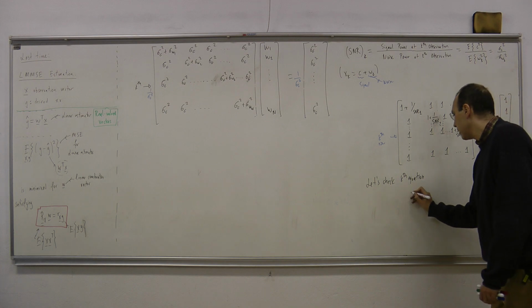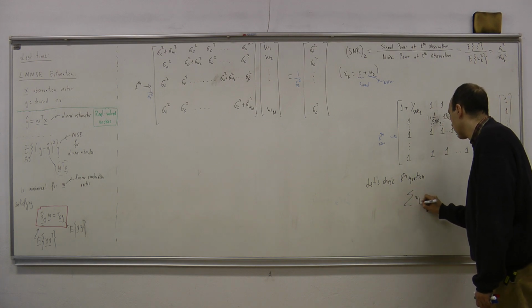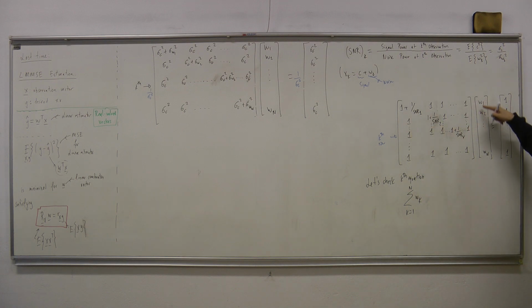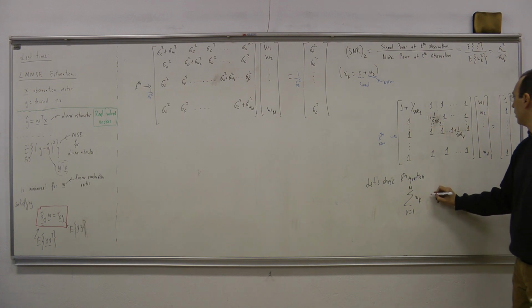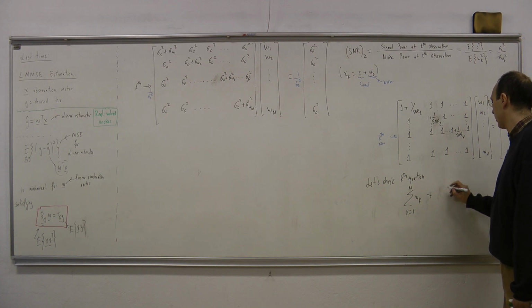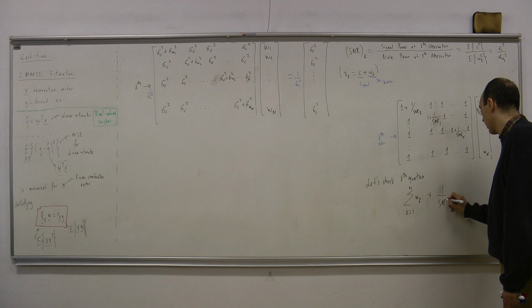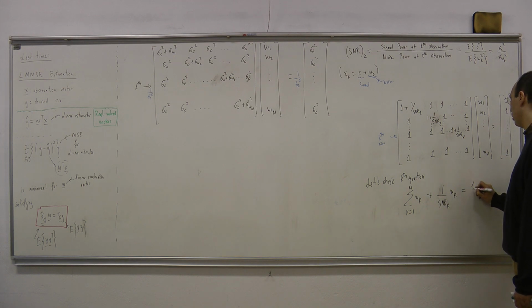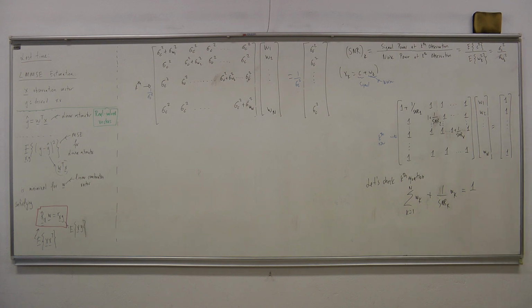So this is nothing but this vector, inner product with this vector, isn't it? Plus is equal to 1. Am I right?